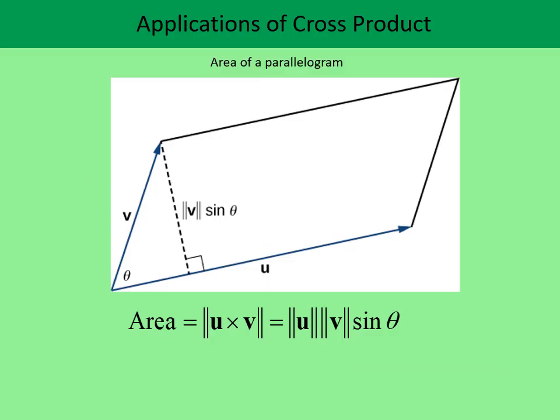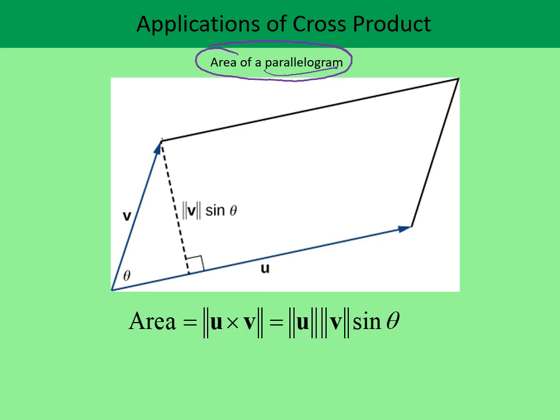So here are three applications using cross products. In this first one, we're finding the area of a parallelogram. Now, what that means is, if you have two vectors, here's the vector v and the vector u.